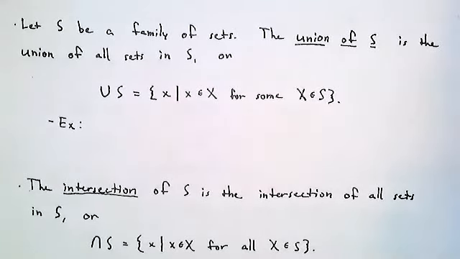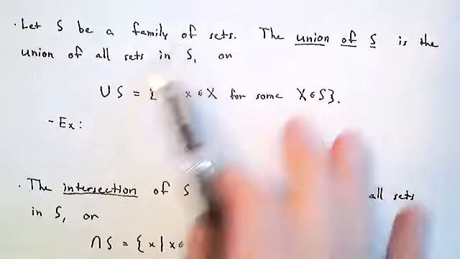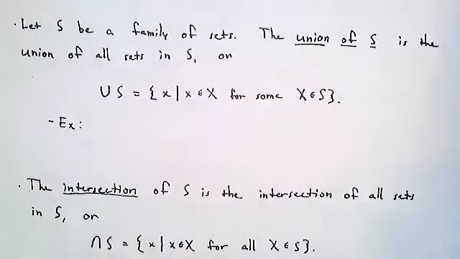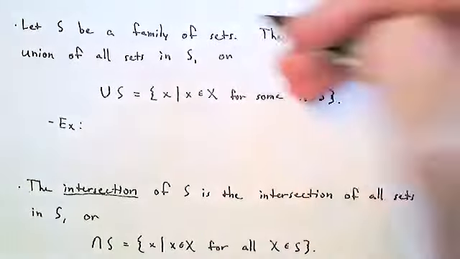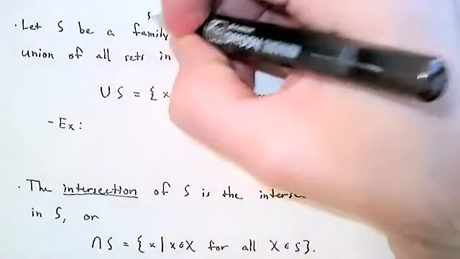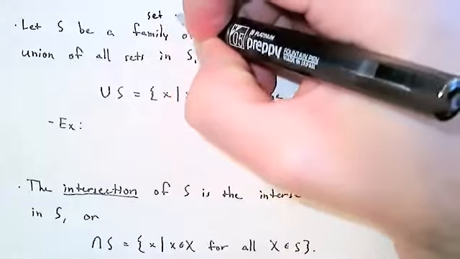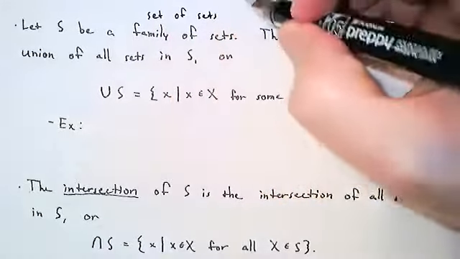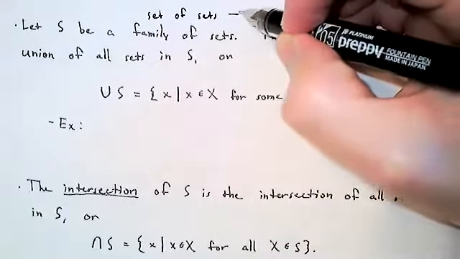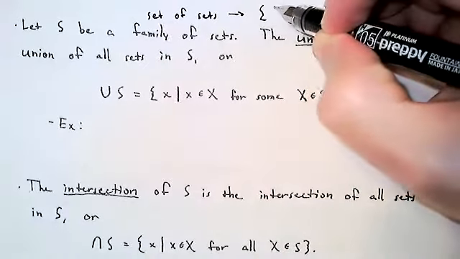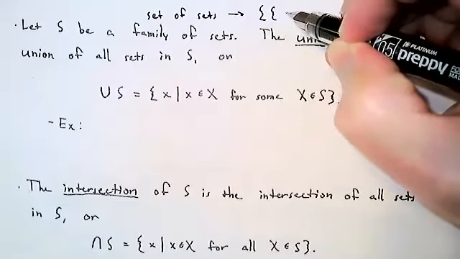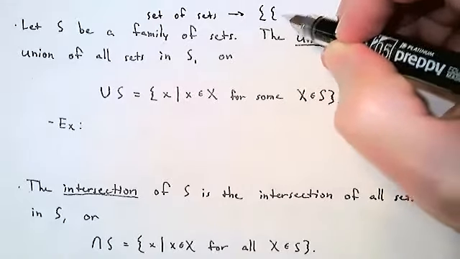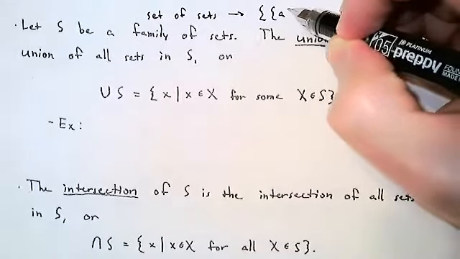And to wrap up, we're going to talk about families of sets again. Remember, a family of sets is the same thing as a set of sets. Just to illustrate one, I can write down an example.